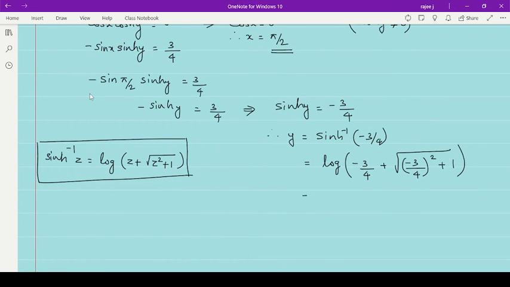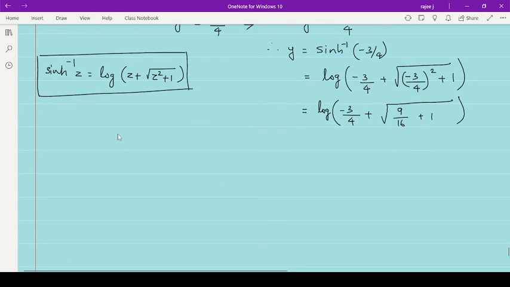So this is equal to log of minus 3 by 4 plus under root of, now squaring this, minus becomes plus because minus 3 by 4 the whole square is just 3 by 4 square, which is 9 upon 16, plus 1. Taking the LCM, 16 is the LCM, so 16 plus 9, 25 upon 16 will come.